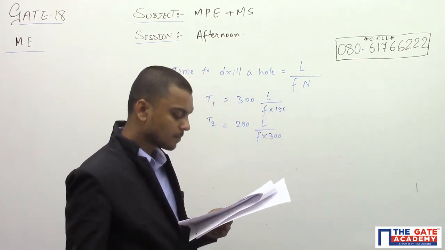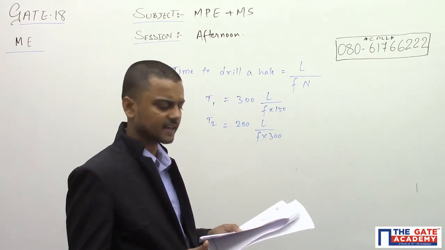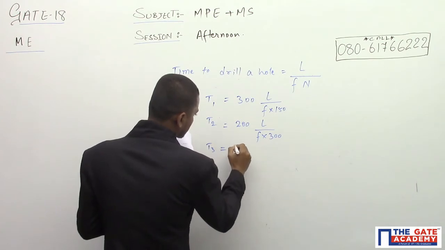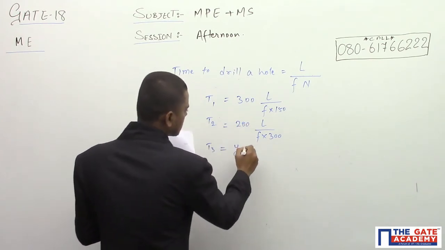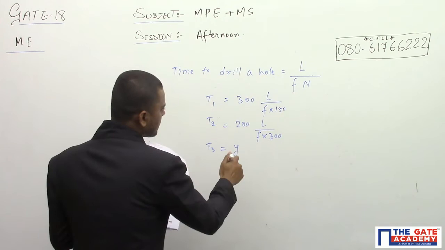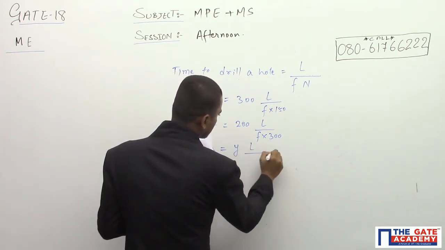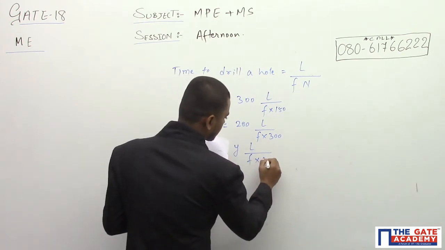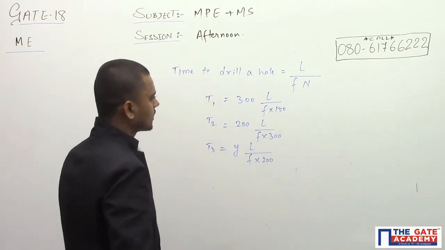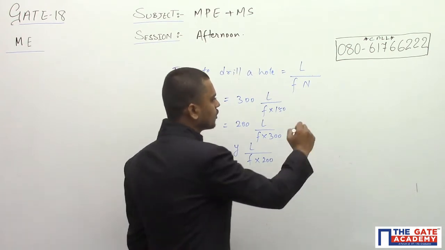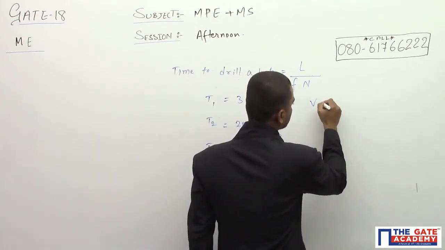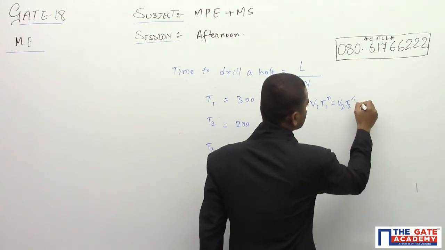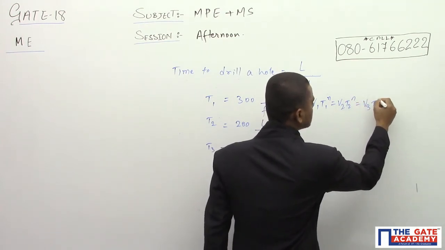Now the maximum number of holes that we have to find out is in the third case. So for T3, we have the number of holes, which I have assumed is Y, multiplied by L upon feed into 200 rpm, 200. Now from Taylor tool life equation, we know that V1 T1 to the power n is equal to V2 T2 to the power n, which is equal to V3 T3 to the power n.